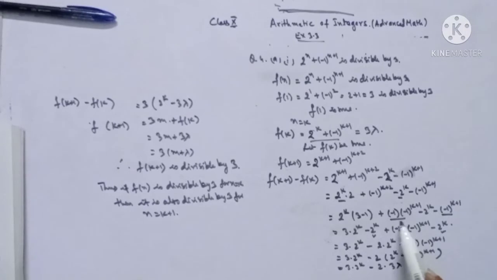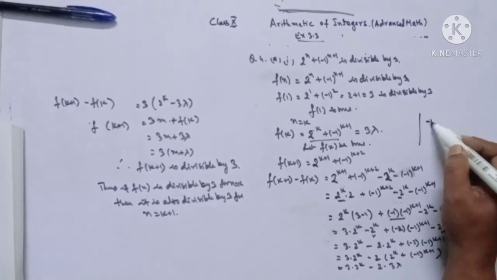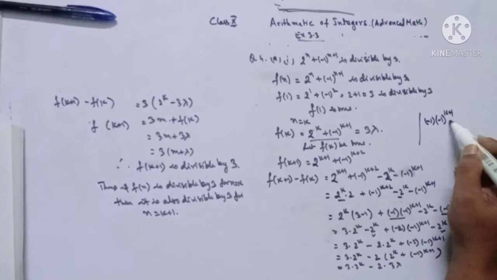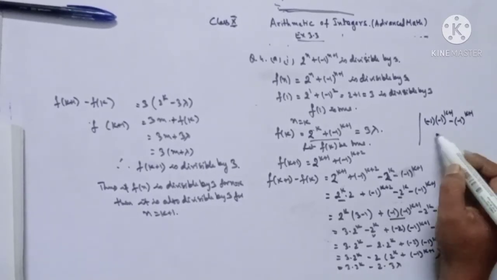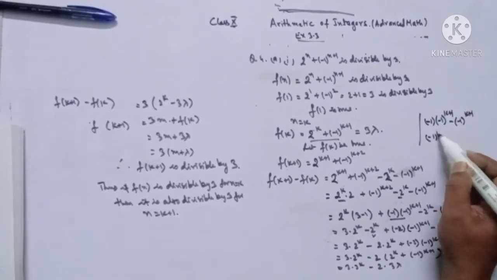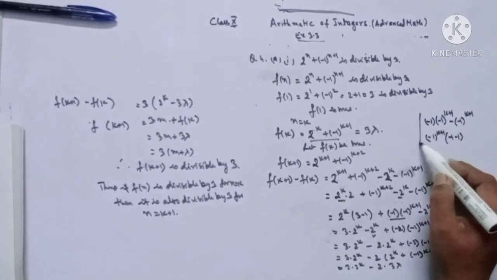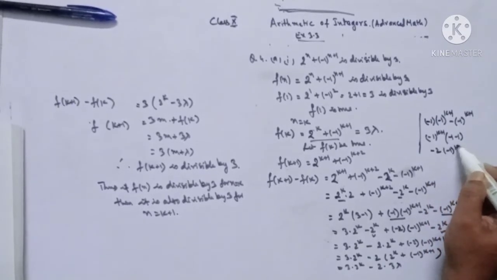So here again you see minus 1 to the power of k plus 1, and minus 1 to the power of k plus 1. If you take minus 1 to the power of k plus 1 common, so here minus 1, this will be equal to minus 2 minus 1 to the power of k plus 1.